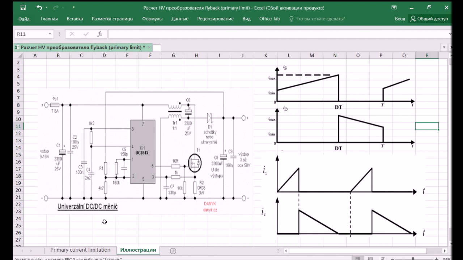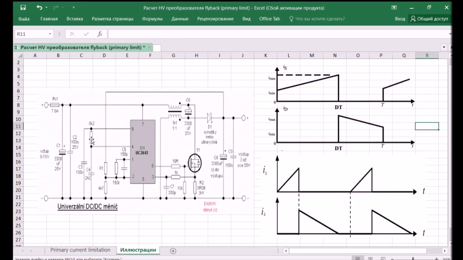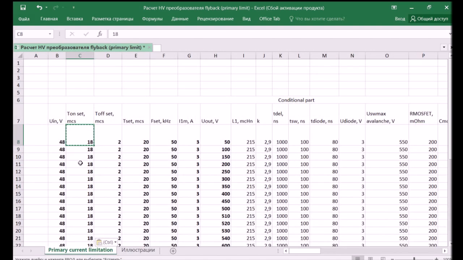I had a transformer with specific parameters, a power switch with also specific parameters, and I should choose the resistor and capacitor in some way. So with the help of this calculator, I could easily do this.